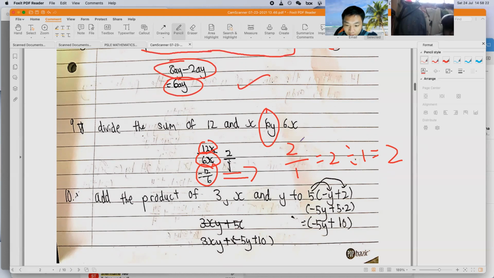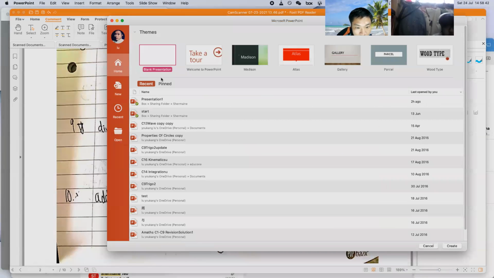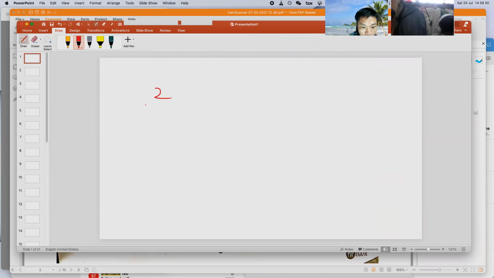Okay, so the question is, which one is the final answer here? How do you decide actually? Why do you say 2 is the final answer? Let's say you have 2 over 1.